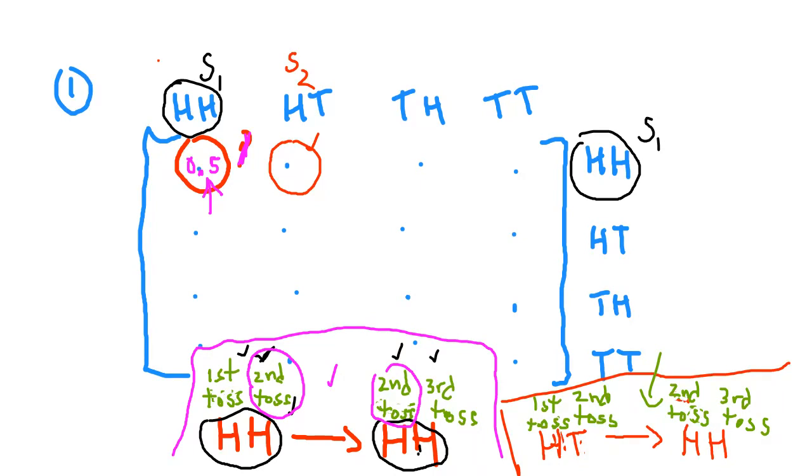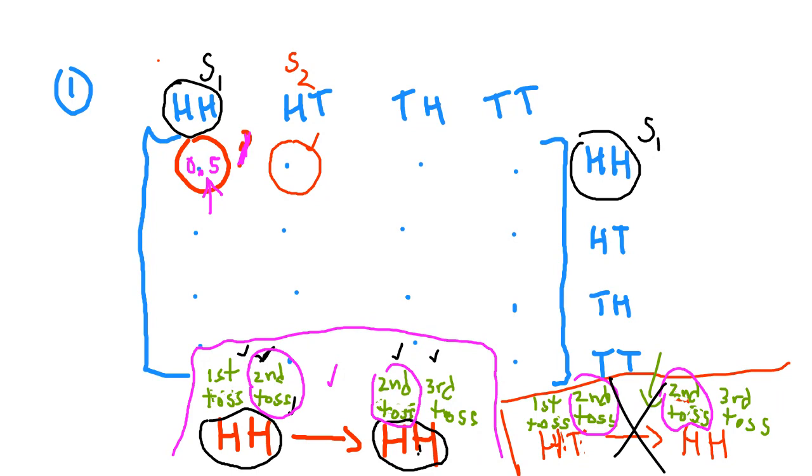But here, if the second toss is a tail, then it can't be a head. So this means this is not possible.